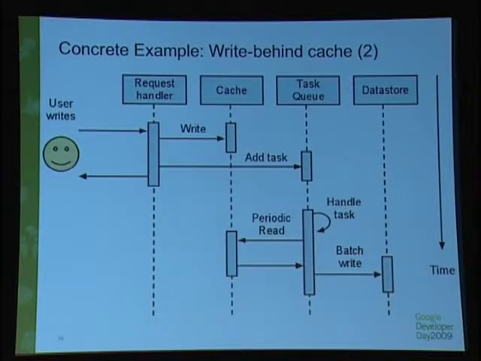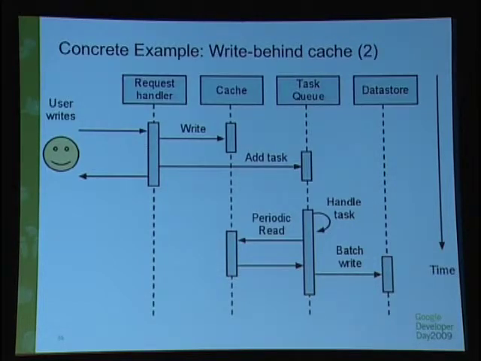That request will then do a write to the cache saying that the user action has happened. The user will then optionally add a task to the queue, which is a very high throughput, parallelizable, low latency action. Then sometime in the future, the task will wake up and the task will invoke itself, essentially, and run another handler.